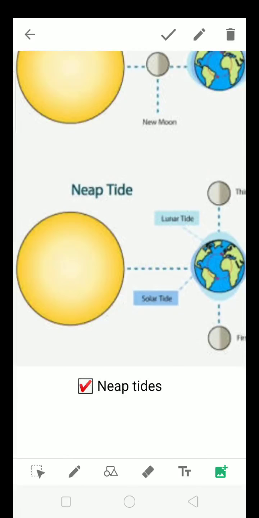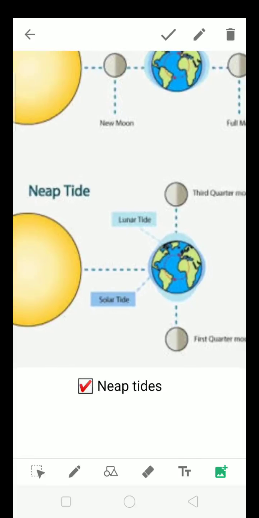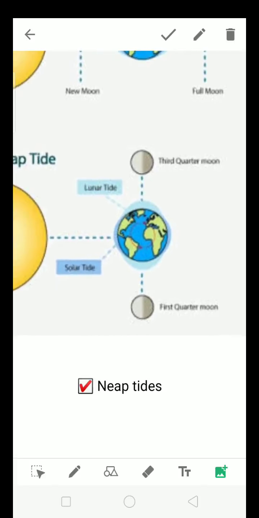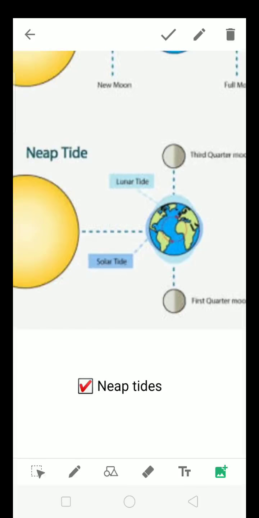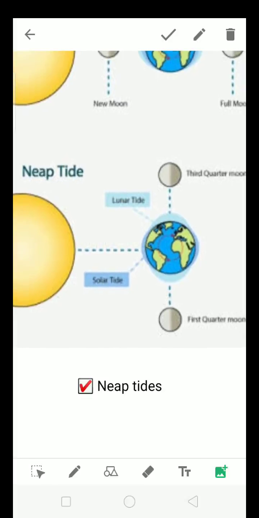Now we will read about the neap tide. What is the neap tide? Neap tides are generated during the first and third quarter of the moon. These moons are shown in the picture. This is the first and the third quarter of the moon, when the sun and moon are at a right angle to the position of the earth.